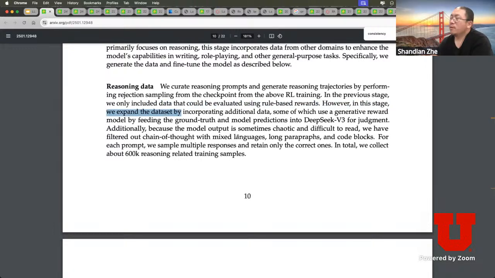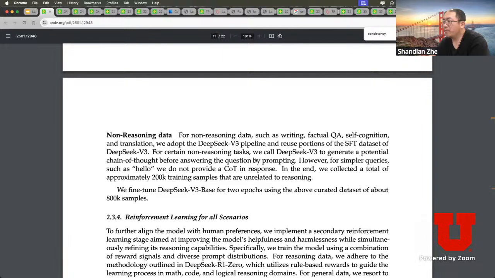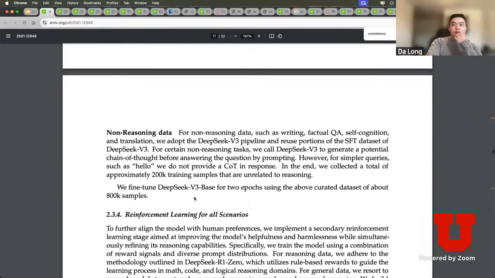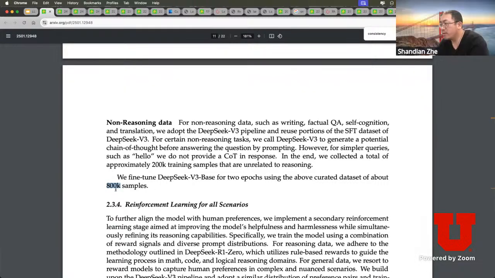Okay, they expand the data set and then fine tune the base model again, and then they do reinforcement learning based on all the data they have in hand, right? So in total, they have 800K samples. Yeah, that's not small.